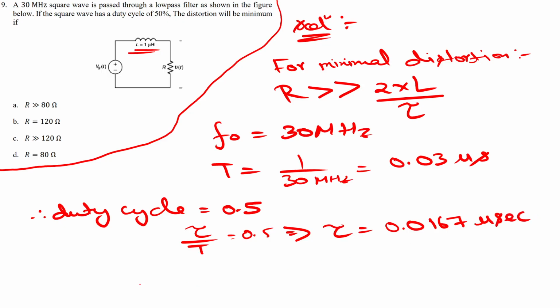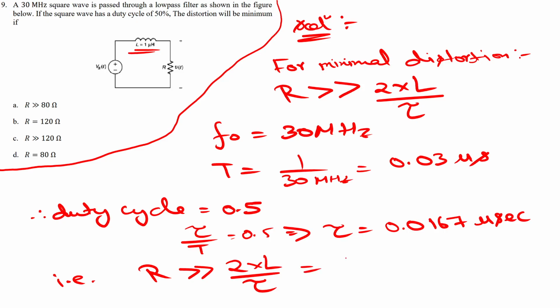microseconds. So R should be greater than 2L by tau. Since we know what L is already, it is given. Inductance of this inductor is 1 microhenry, and we also know the tau now from the duty cycle.